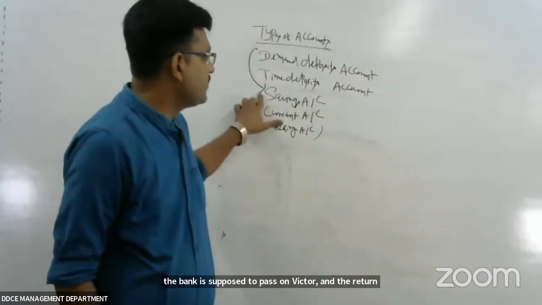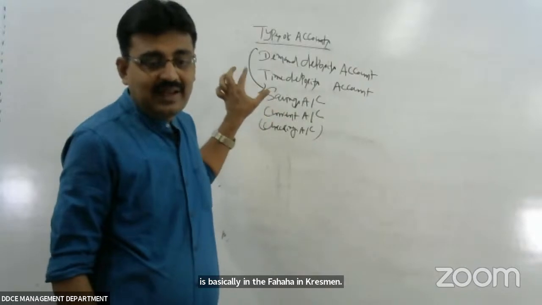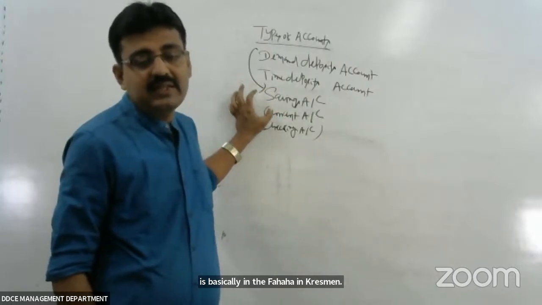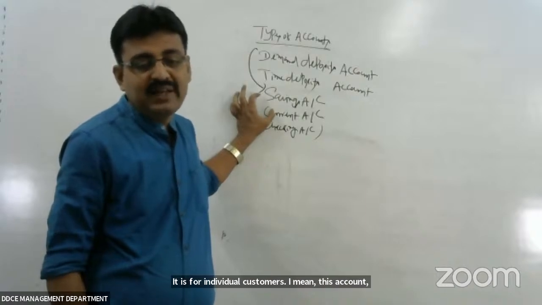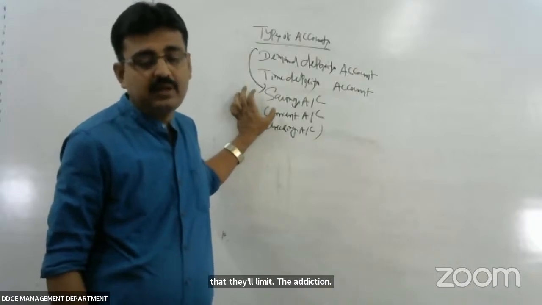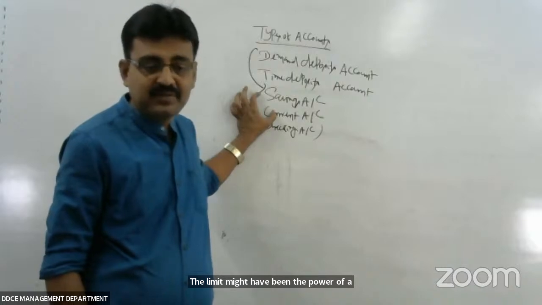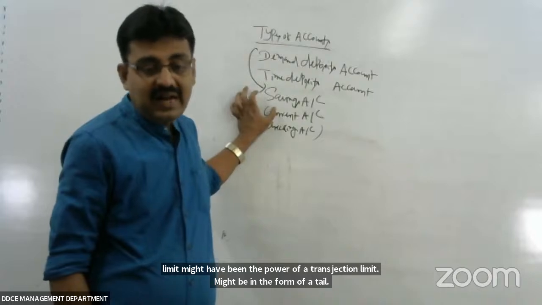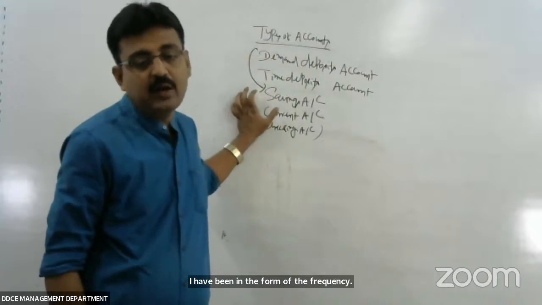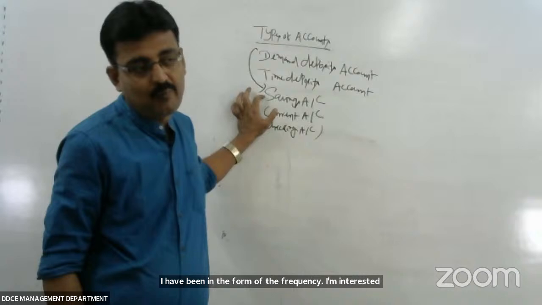So it is for individual customers, and in this account there is a limit to the transaction, whether a transaction limit, a day limit, or a frequency limit. And interest is paid on this savings account.